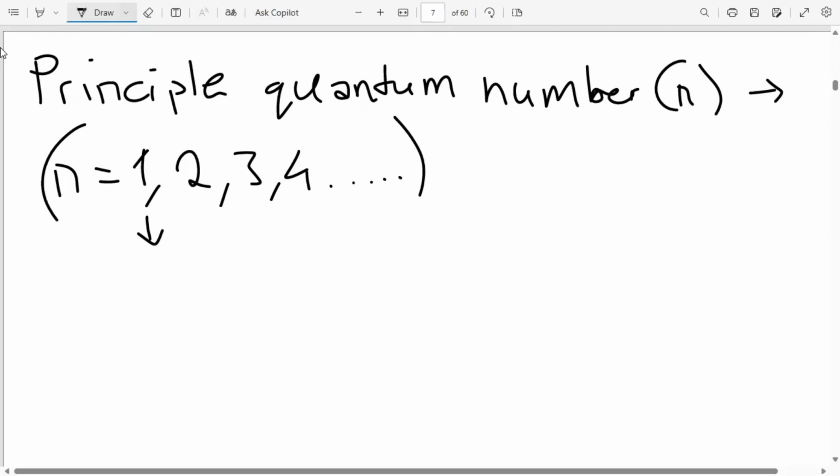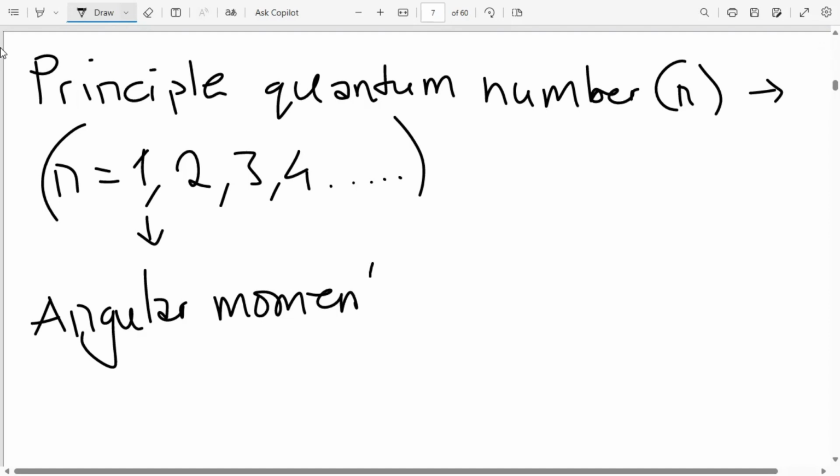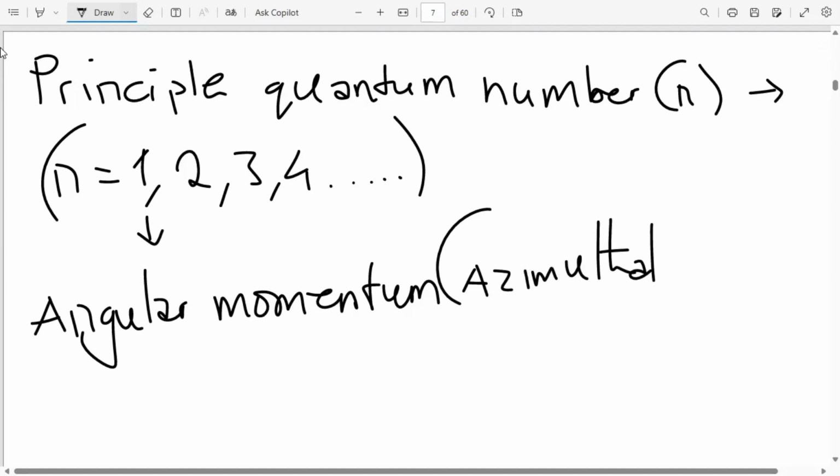The second one is the angular momentum quantum number, also known as the azimuthal quantum number. It is represented by the letter L, a lowercase l.